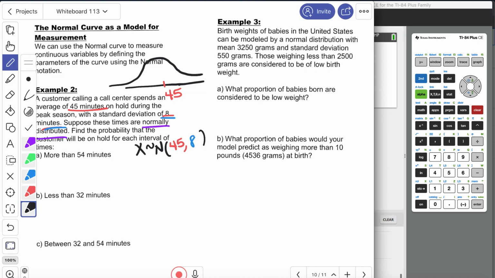That's how we notate a normal distribution. This gives us both the parameters, the mean of 45 and the standard deviation of 8.